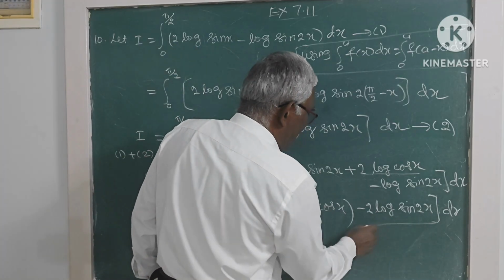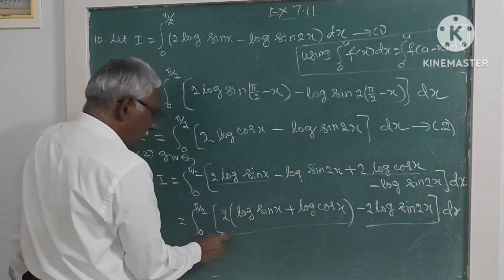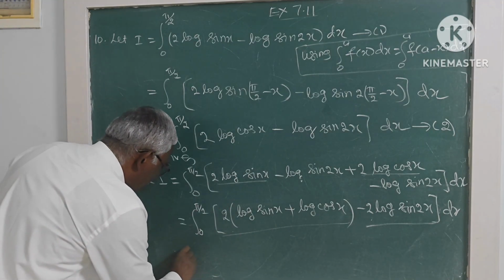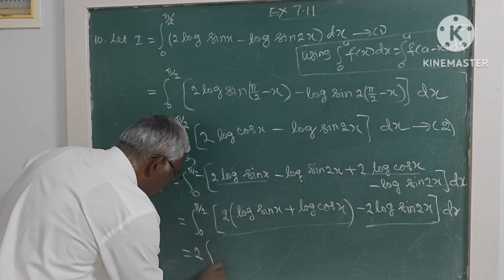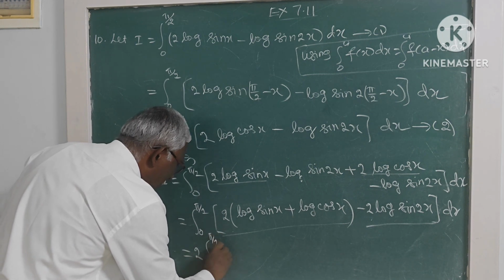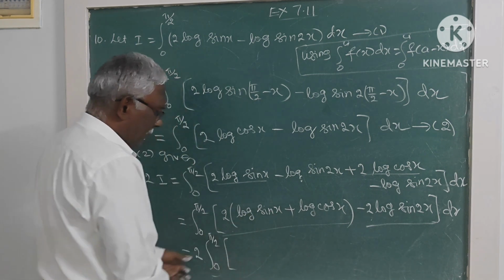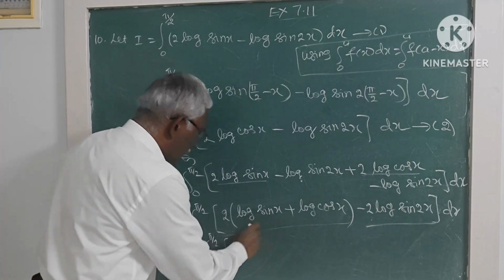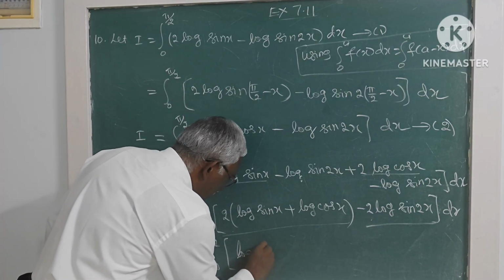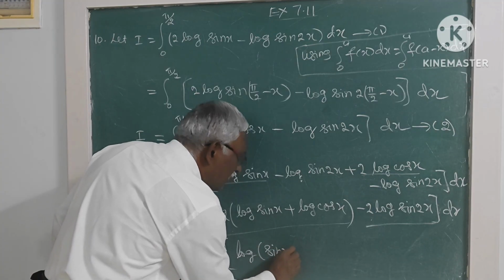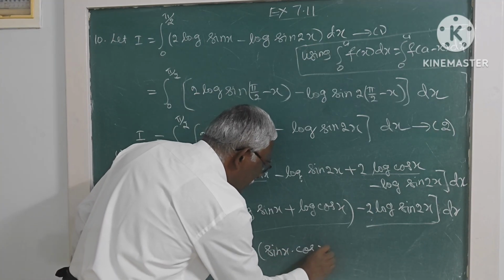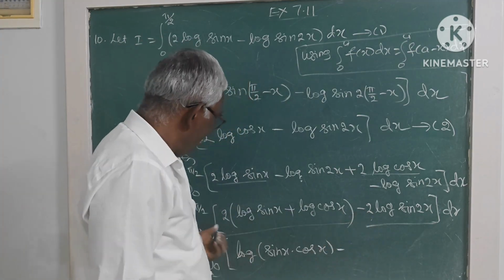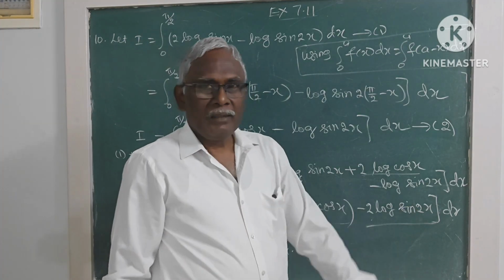Now in this term 2 is there, in this term also 2 is there, so we will take 2 outside. When you take 2 outside, integral 0 to pi by 2 of log, again what is log m plus log n? Log mn. So this will become log of sin x into cos x minus, we have taken 2 outside already, log of sin 2x.